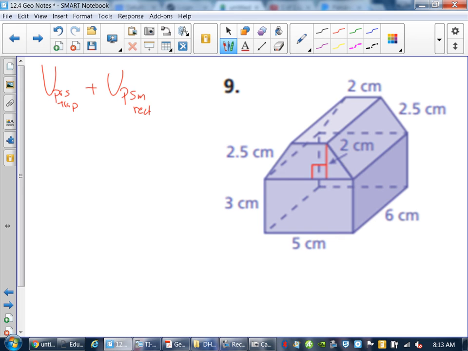Yesterday I asked that you find the surface area of that, which means if you look back on your problem, you should have the area of your bases. Let's check this. Big B is a trapezoid, so it's 1/2 the height, times the sum of the bases. So you had half of 2 times 2 plus 5. So big B was 7.